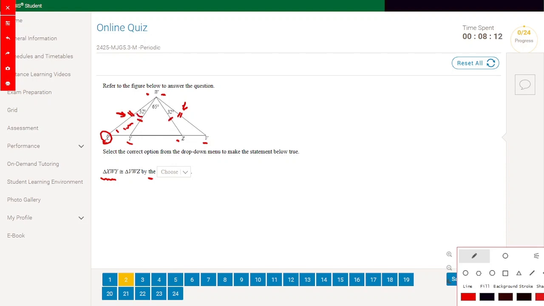And I have this angle equal or congruent to this angle. So that means that these two triangles are congruent by SAS postulate.